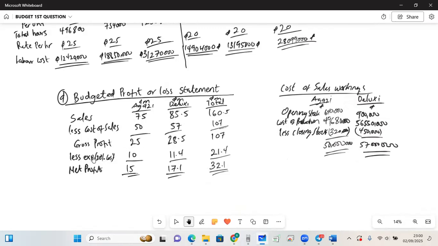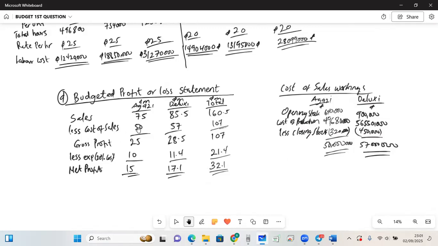Now, after doing that, remember our selling and administration expenses were 20% on cost. We find 20% on the cost of sales, and we get our expense, the administration and selling expense.